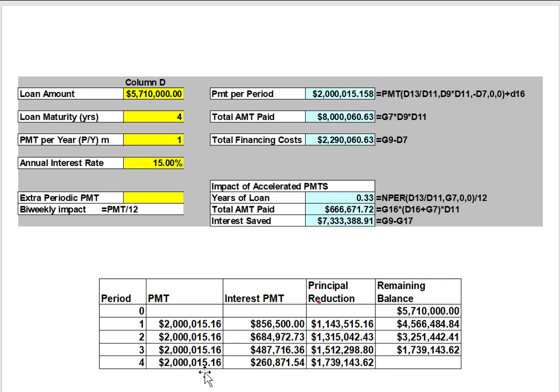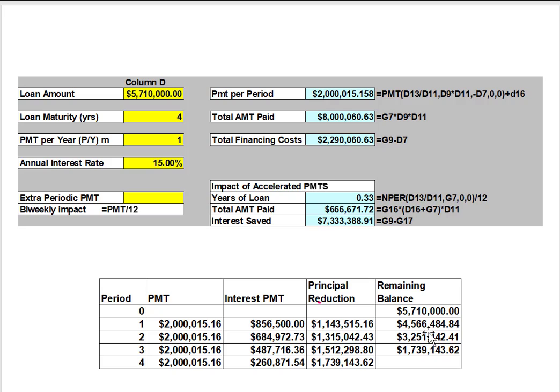And if you look at what we refer to as the amortization table, it's just that other table that we looked at. 5.71 million. 856,000 is the interest. So of the 2 million payment, minus that, we reduce the principal by 1.143.